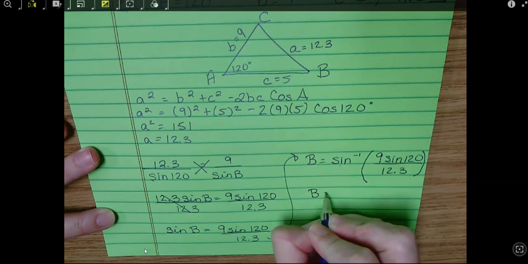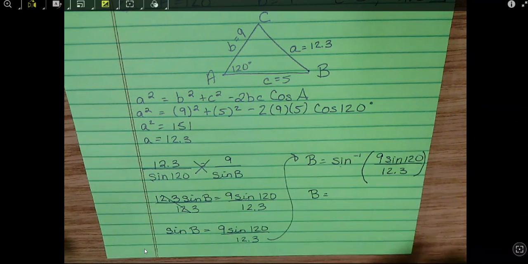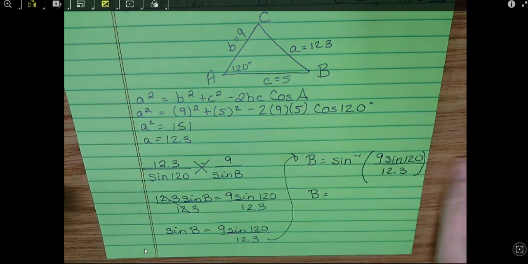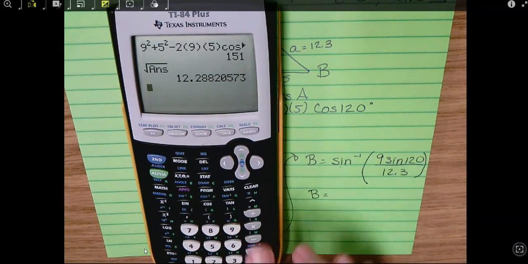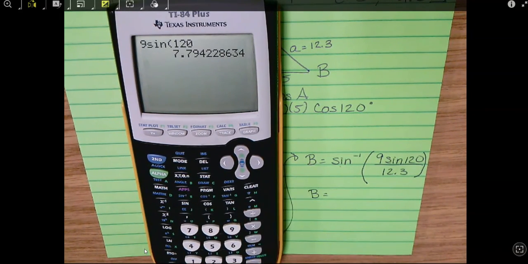Now we're going to be very careful typing this in. We're not going to type it all in at once. We're going to do the same thing I've taught you: type in the numerator, then divide by the denominator. So 9 sine of 120, enter. Divided by 12.3, enter.